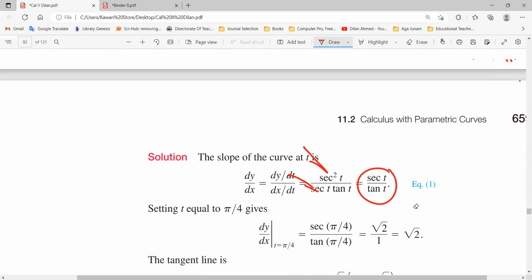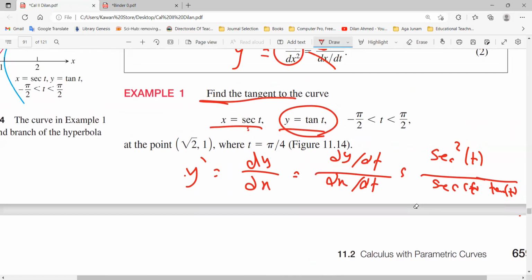Okay. Now I'm going back to the example. The question is, find y prime? No, he says find the tangent. In physics, when I say find velocity, in mathematics, when I say find slope, and when I say find tangent, our problem is a derivative, right?